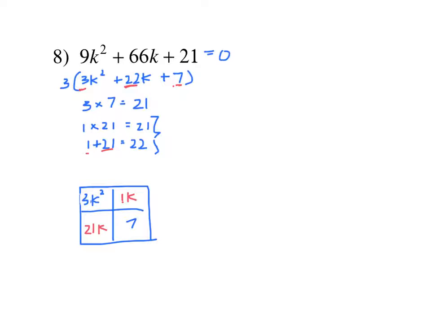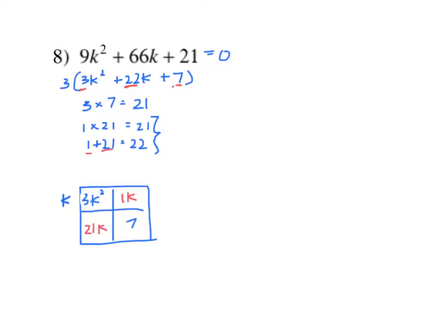Okay, so now what I'm going to do is look across each row, and look across each column, and take a common factor out of each row and column. So if I look at this top row here, the common factor of 3k squared and 1k is just a k. So I can divide a k out of both of those. And then if I look at the bottom row, I've got 21k and 7, and I can divide both of those by 7.